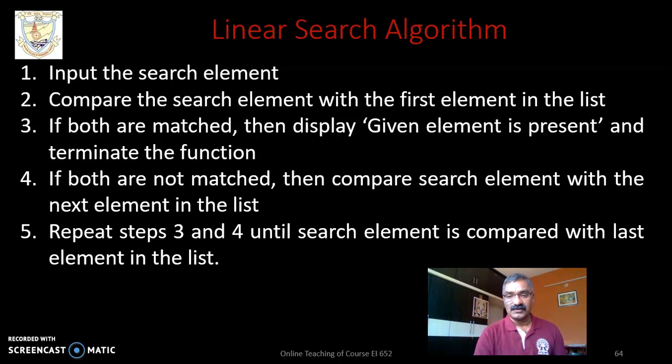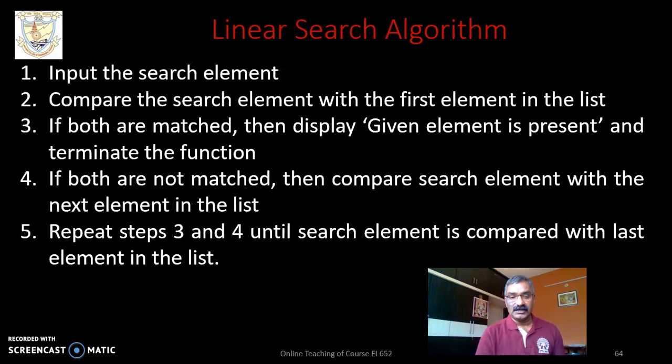So if the comparison is successful, then display that the given element is present. If the first element does not match the search element, then compare the search element with the next element in the list. Go to the second element in the list and compare again. Then the fourth element, the fifth element, and in the same way proceed further.